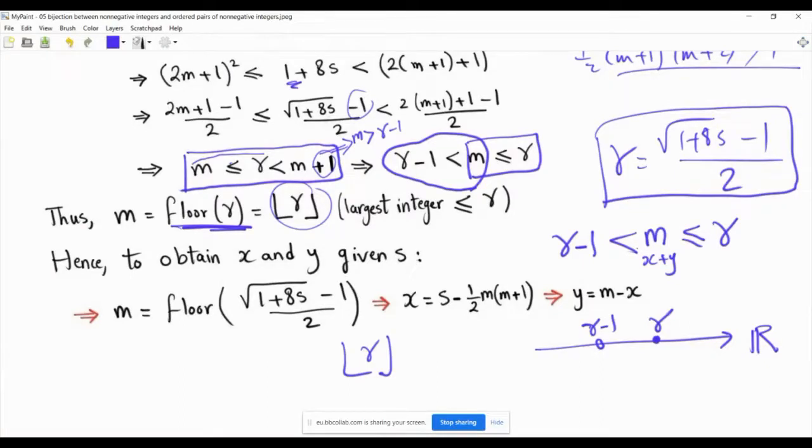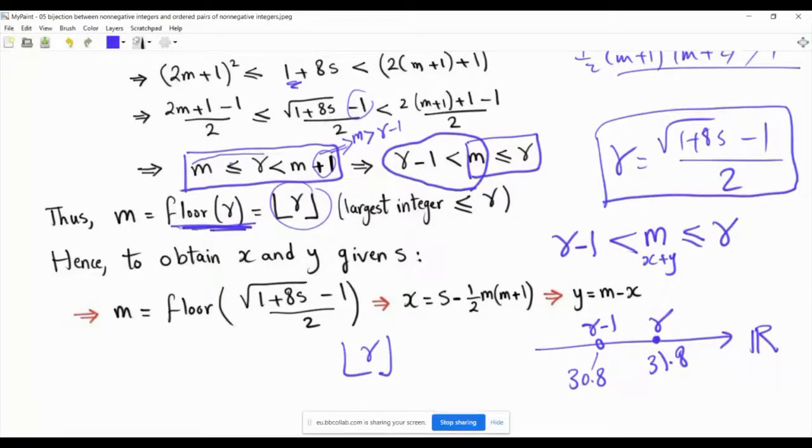Now if gamma is not an integer, let's assume that gamma is equal to 31.8, so gamma minus 1 will be 30.8, and the integer between these two is 31. It is the floor of 31.8. The floor of a real number, you simply remove the fractional part. So M is equal to the floor of gamma.